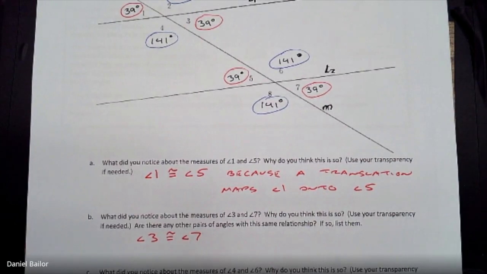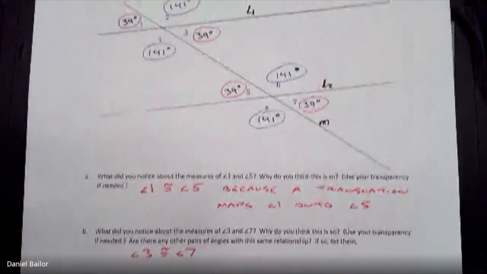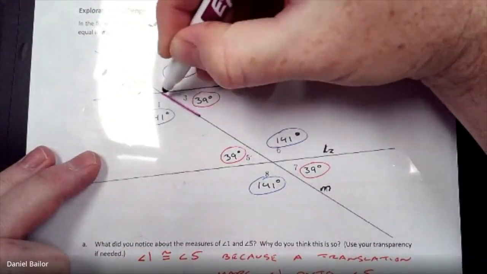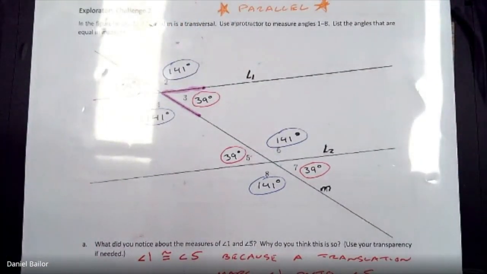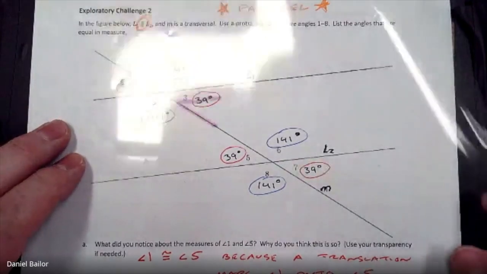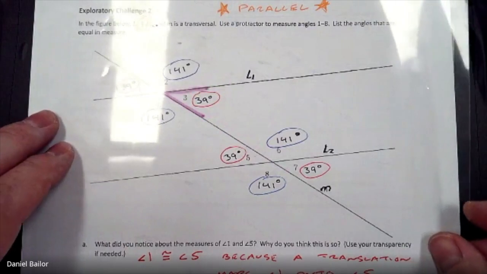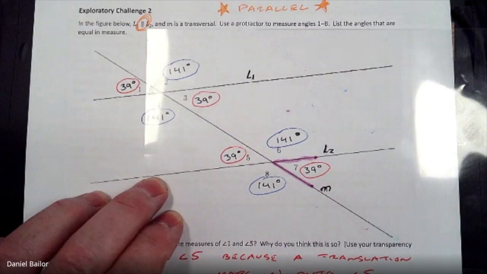And then let's look right here. The same thing is true for part B, angles 3 and 7. Let me erase my transparency. Let me trace angle 3 on my transparency. And you'll see that if I just take angle 3 and slide it down, it makes angle 7.